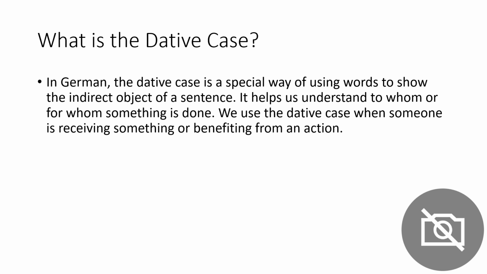In simpler words, if you have a verb in a sentence and that verb is implying an action, then the object which is directly impacted by the verb will be in accusative case, and the indirect object which is being impacted or benefited, or you might say influenced by this action, will be considered under dative case. If everything I just said went over your head, you don't need to worry, you will get it in just a few minutes.